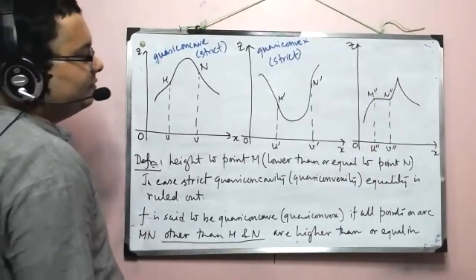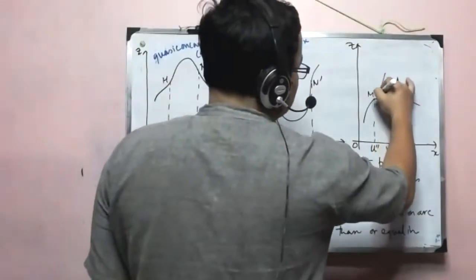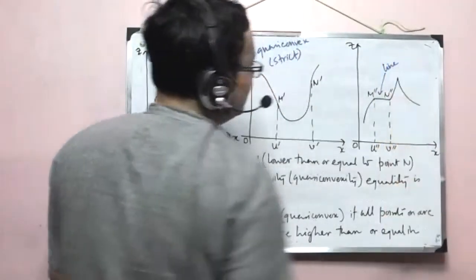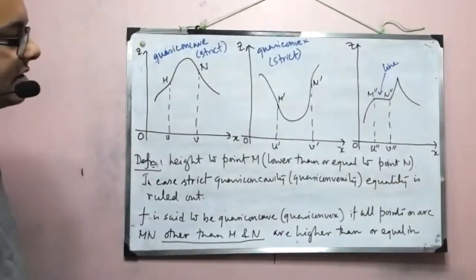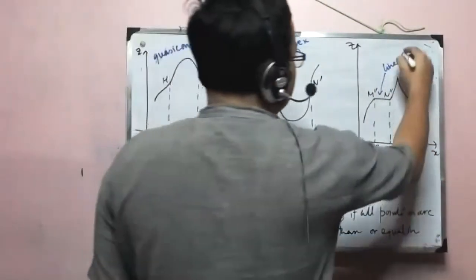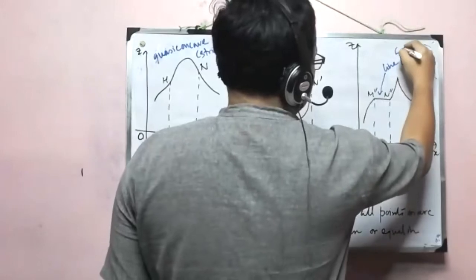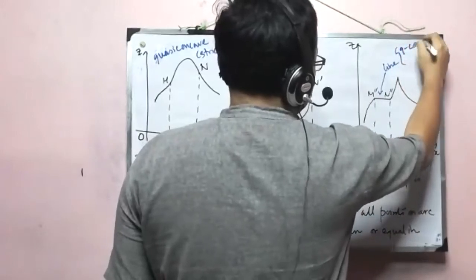So if they're equal to both, then we are looking at this line, and just like for concavity and convexity, this line becomes both quasi-concave. So I'll write Q con.